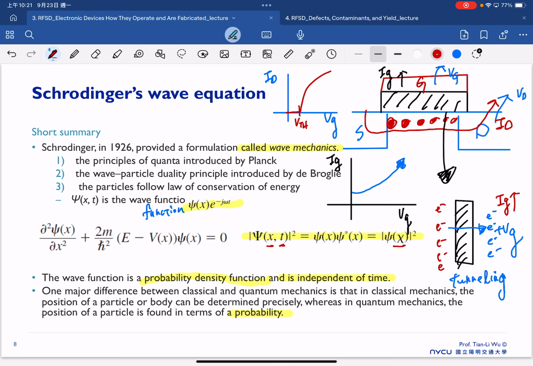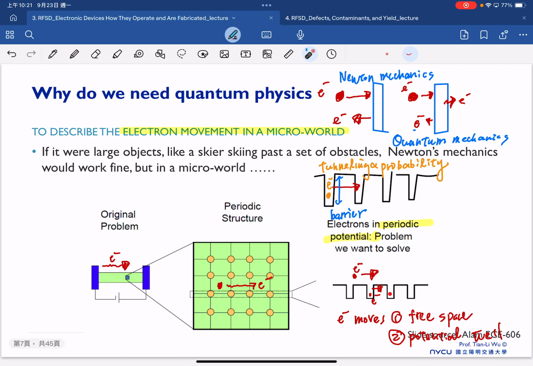And then this schematic is very similar to the case we talked about here, because this potential barrier, actually the dielectric insulator, will also form this barrier.